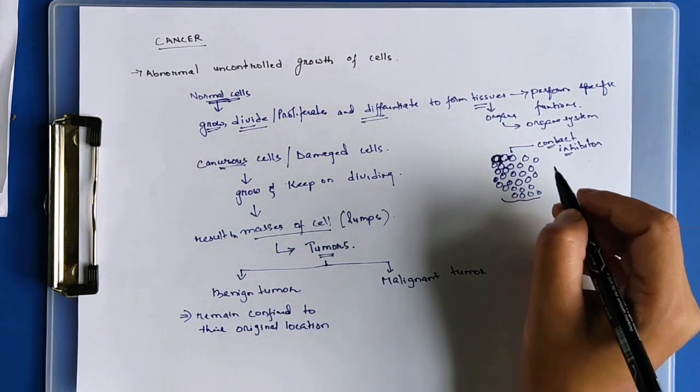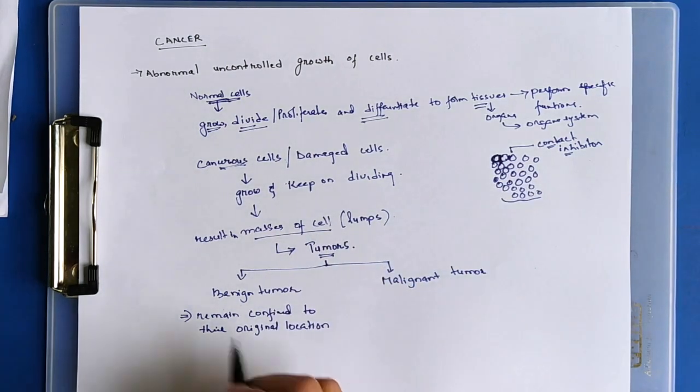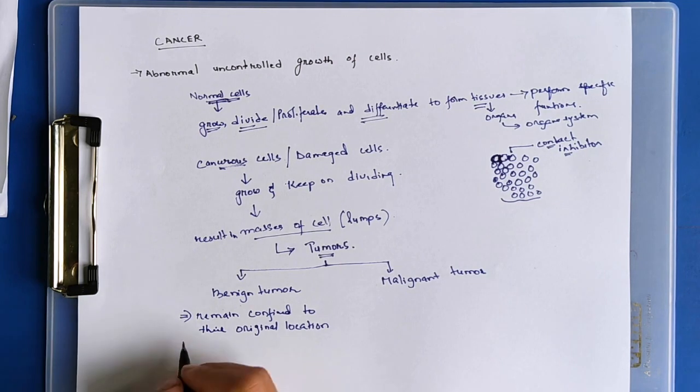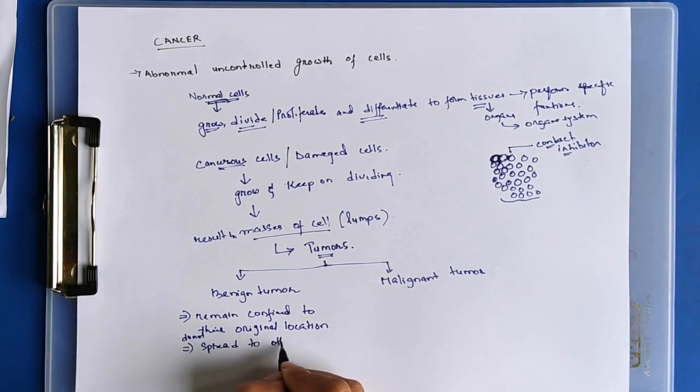For example, benign tumors in the breast will be confined to the breast. They will not spread to other parts of the body.